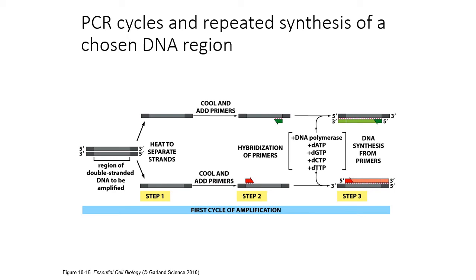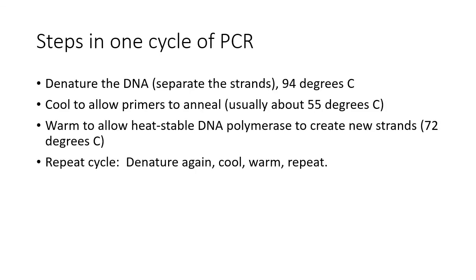And DNA polymerase can then extend those primers using its normal DNA synthesis reaction to make new copies of that target DNA sequence. All right, so typically 55 degrees is used for annealing temperature, but that can vary quite a lot depending on what your situation is.